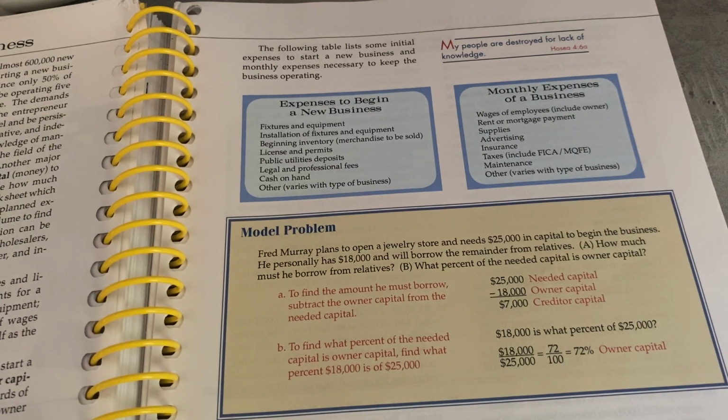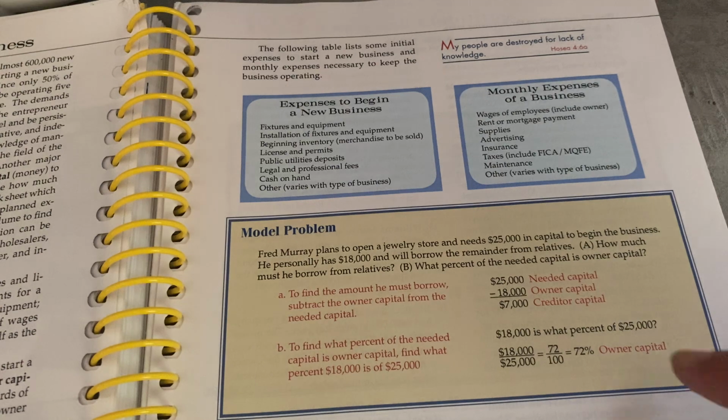And then if you go on to find what percent of the needed capital is owner capital, so 18,000 is what percent of 25,000. Whenever you're asking for a ratio like in this situation, you're always going to have a percent. So it's 18,000 over 25,000. Reduce that to 72 over 100, which equals 72% owner capital.